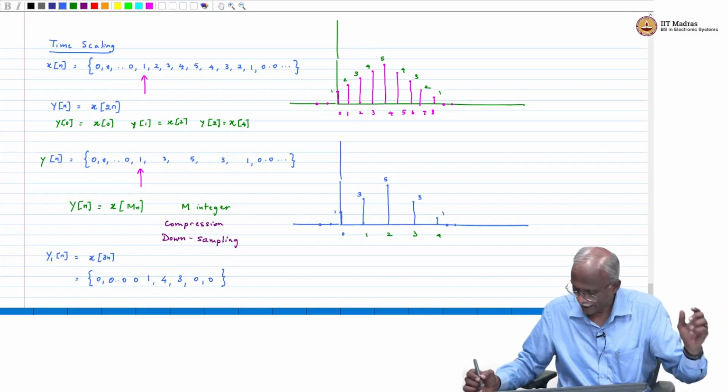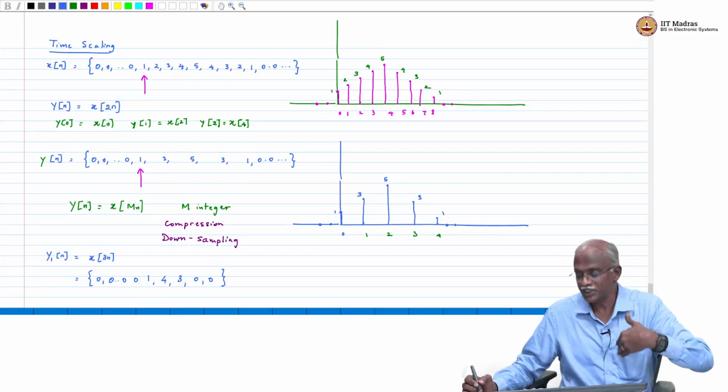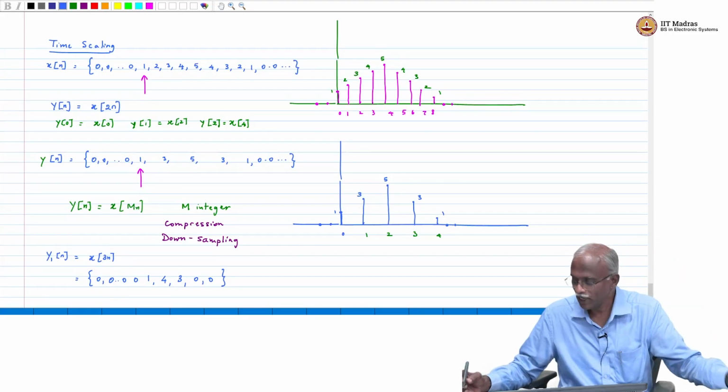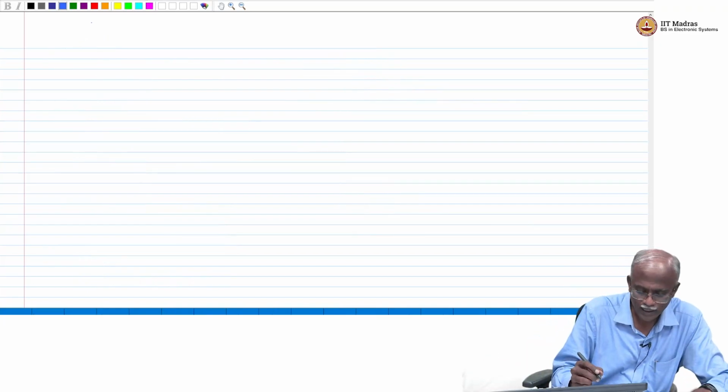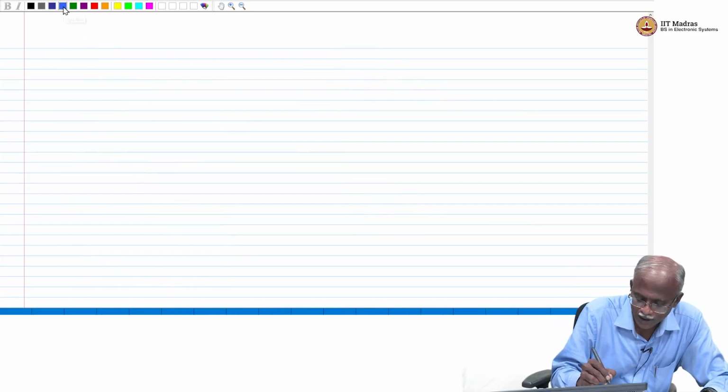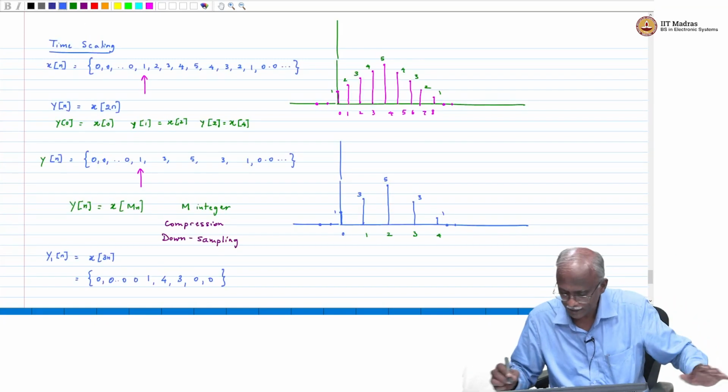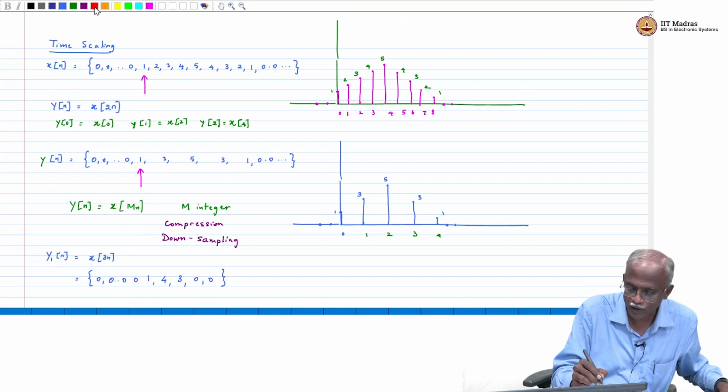Anytime we do a downsampling operation, there must be a counterpart, and yes, there is an upsampling operation as well, or an expansion operation, basically. Before I forget, this has got a notation.